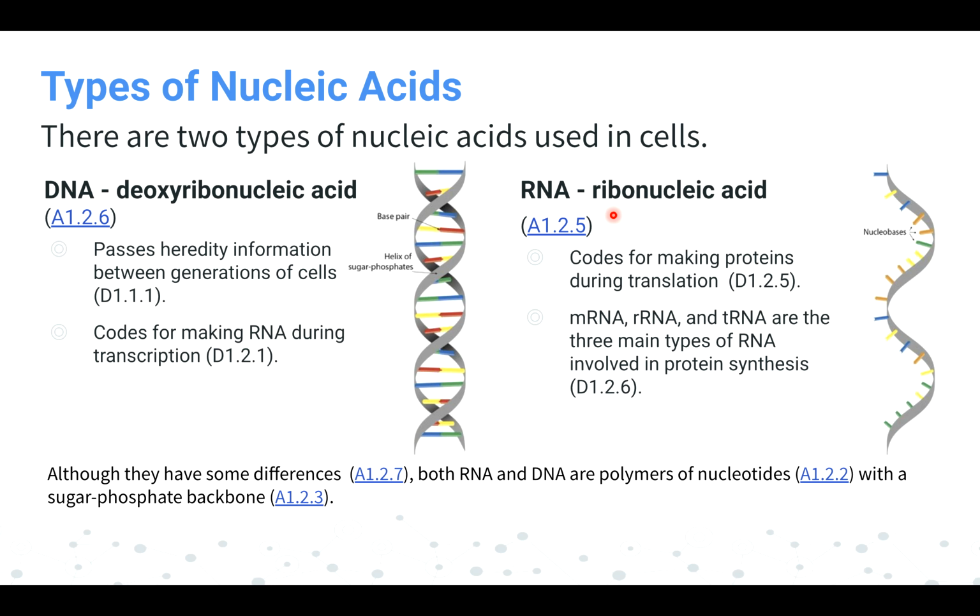Whereas for RNA, ribonucleic acid, the first function, as I said, is to act as a genetic material. Second function, there are some non-genetic RNAs, such as you can see here mRNA, rRNA, and tRNA, which stand for messenger RNA, ribosomal RNA, and transfer RNA, which help in protein synthesis. So both DNA and RNA have different functions in our body, but in a cell, only one will act as the genetic material.